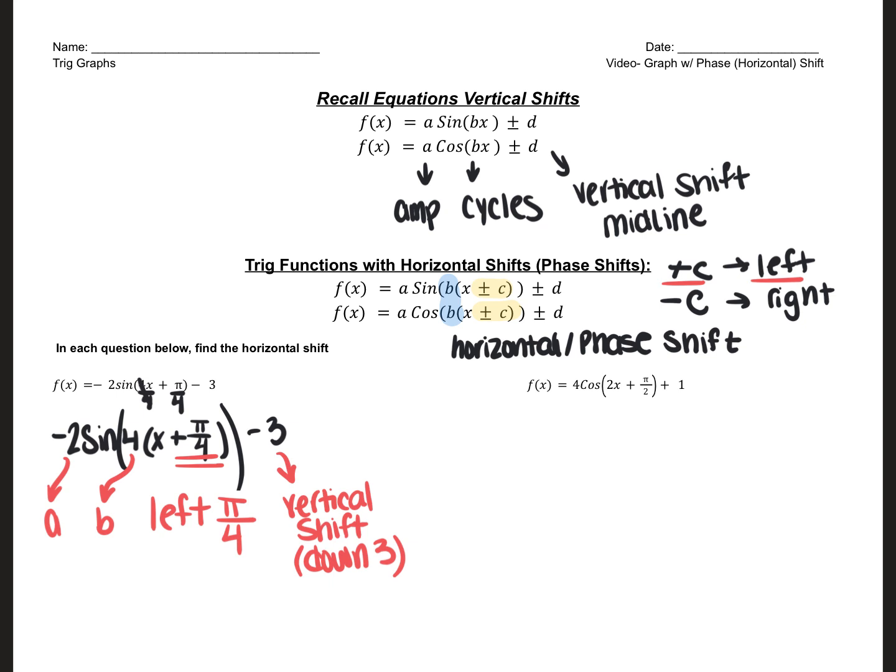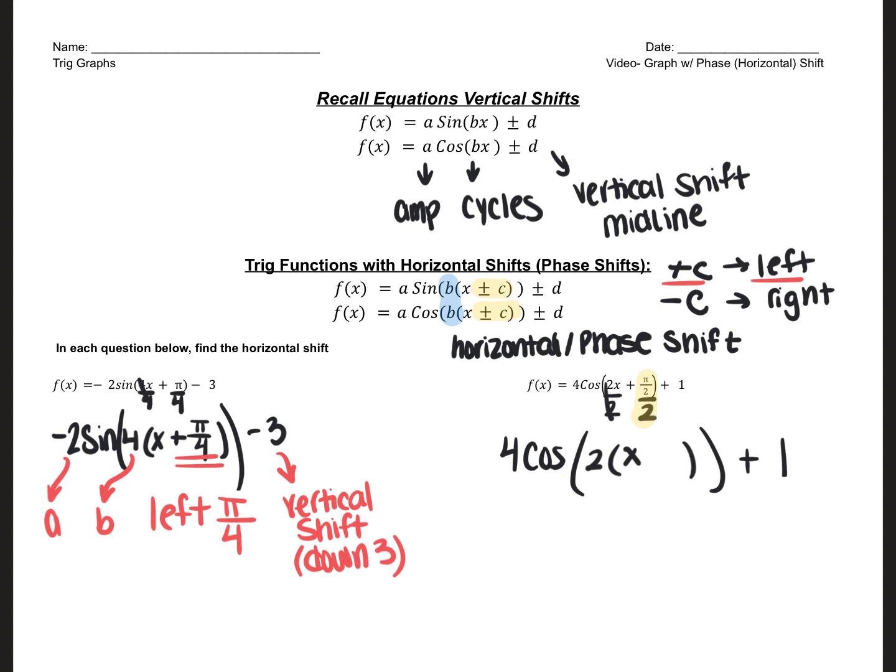So again, we notice that the 2 needs to come out. So we need to divide by 2. So we've got 4 cos of something plus 1. So we're going to take out a GCF of 2. These will cancel. We'll be left with x. And now we have to divide pi over 2 divided by 2.